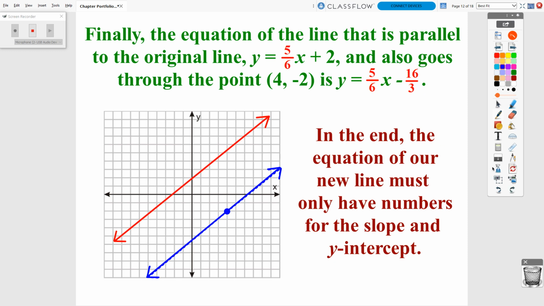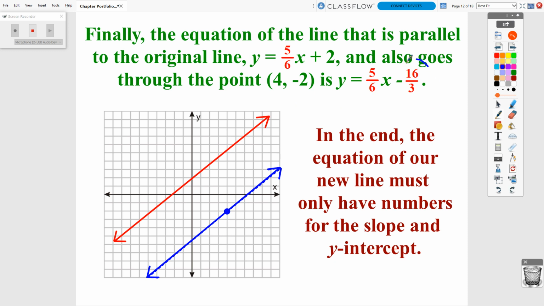All right, now the last little thing I have to say here about this problem is in the end, when you write the equation of your line, only the slope and the y-intercept can actually have numbers associated with them. So this means you need to make sure that you're using y and x back in here. And you might go, yeah, but we plugged in negative 2 for y and we plugged in 4 for x. And you did.